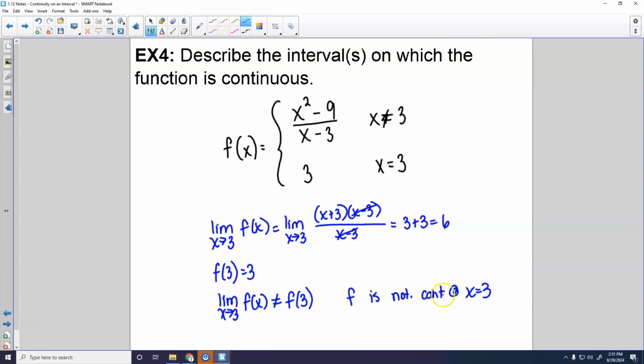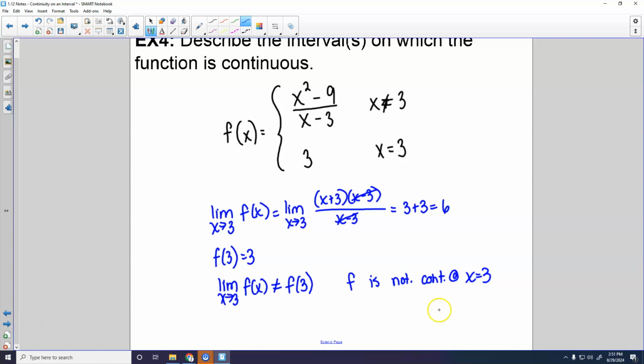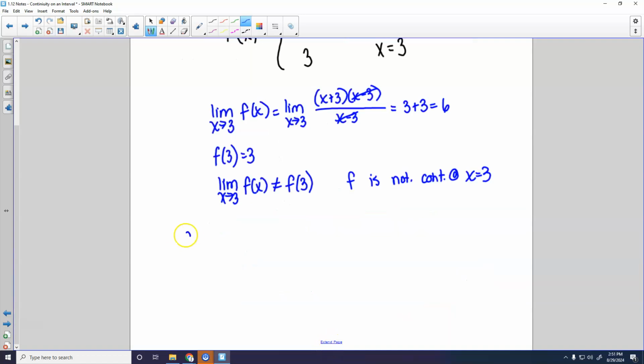But this particular problem wanted me to tell where it is continuous, not where it's discontinuous, right? So I would say f is continuous everywhere else. It's a rational function, so it's going to be continuous everywhere else. So I would say on negative infinity up to 3, and then 3 to infinity if I want to use interval notation.